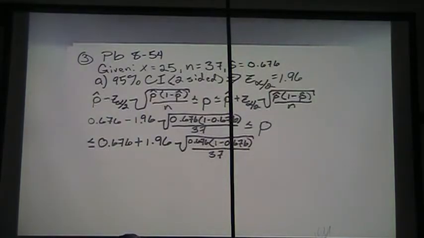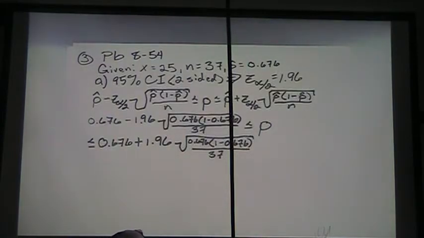Equals 0.676 minus 1.96 times the square root quantity of another left parenthesis, 0.676 times left parenthesis 1 minus 0.676, right parenthesis, and another right parenthesis, and divide that by 37, another right parenthesis. Bob's your uncle, all's well with the world.